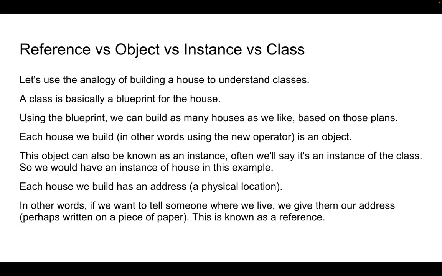They will still be in a different memory location, so it has its own existence. It is also called an instance, and each house has its physical location. Similarly, to differentiate, if two houses are built the same, we can still tell them apart based on their physical location, their address.